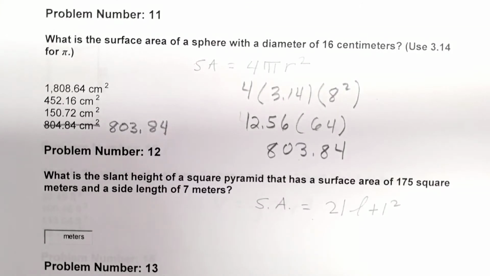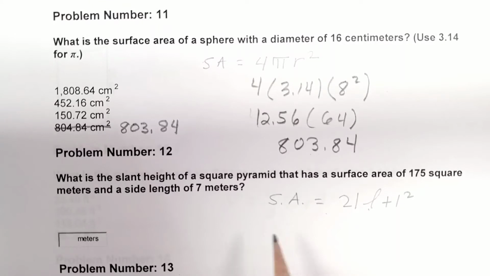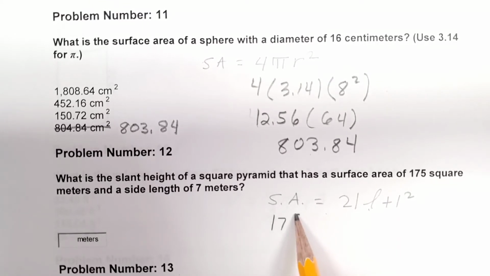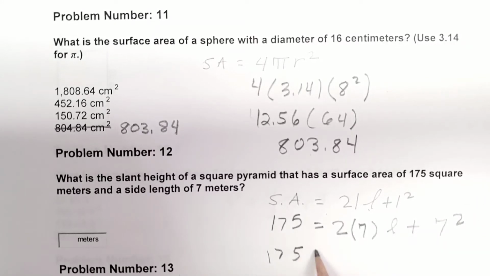So we know everything but slant height, so we're going to fill in the numbers that we know. We know the surface area is 175. 2 times length times slant height plus length squared. Okay? So we're going to have 175 equals 14 slant height plus 49.